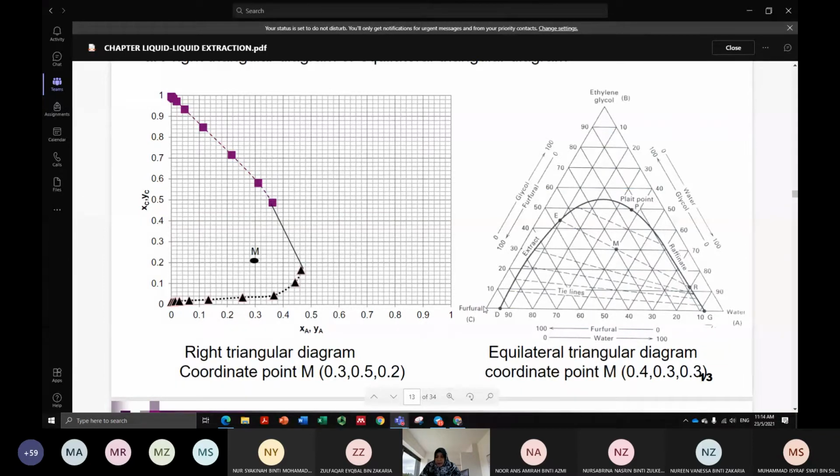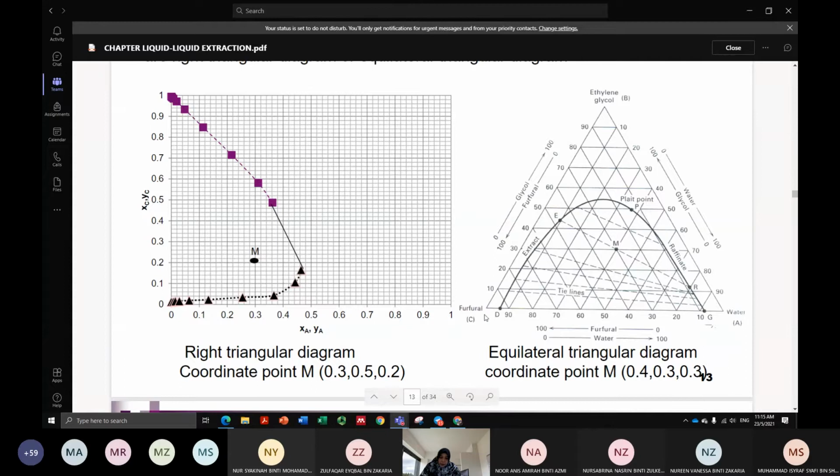You have 10B, 20B, 30% of B at this point. 30% of B is 0.3. Next, you want to see for the C.